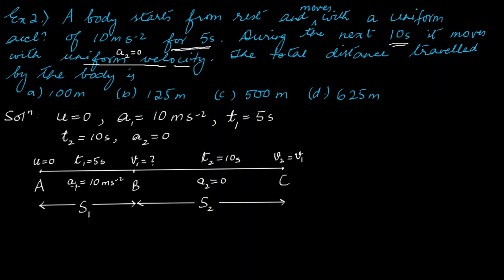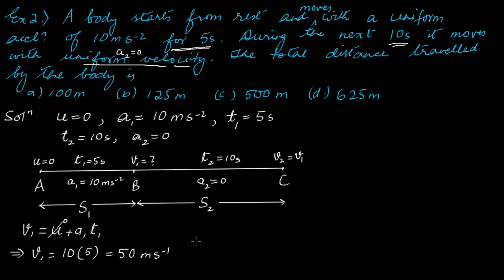We know u, we know a, we know t. Very easy. Using v1 is equal to u plus a1 t1, u is 0, a1 is 10, t1 is 5, so v1 is 50 meter per second.